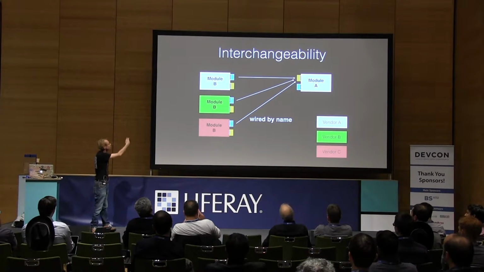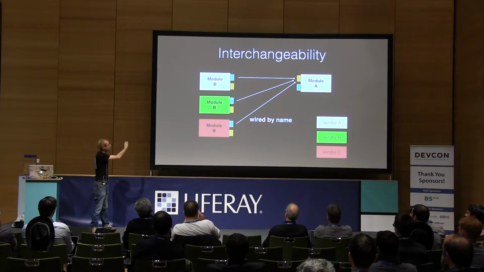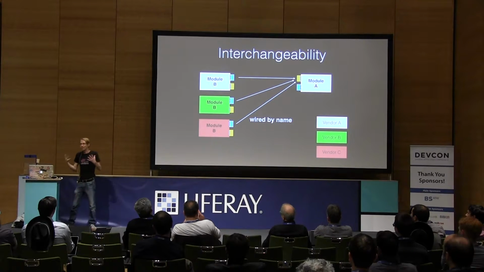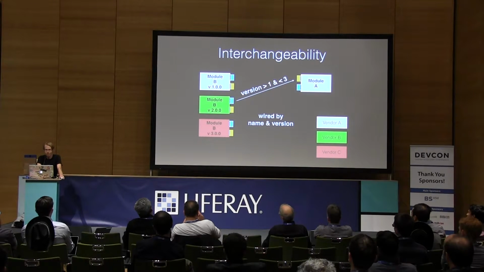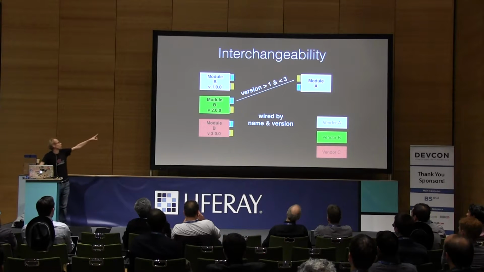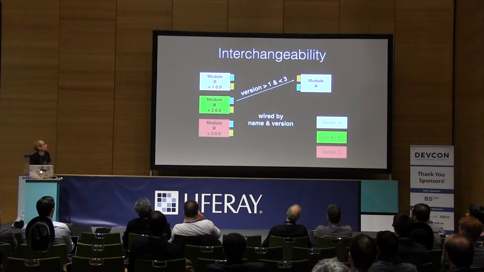Yeah? Since every module B needs to export the same information. These are wired by their names. That's a very, very weak way of modularization. We also could add versions. Yeah? Module A requires a module B with version bigger than 1 and lower than 3.